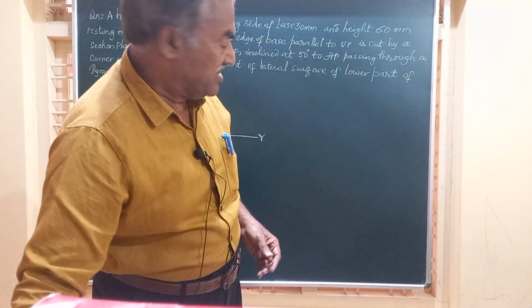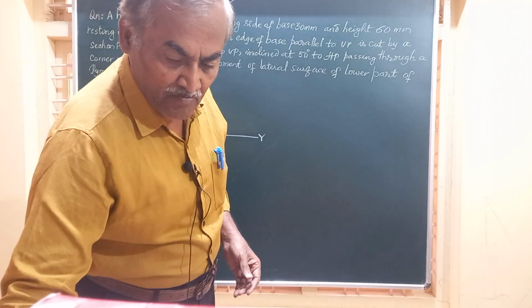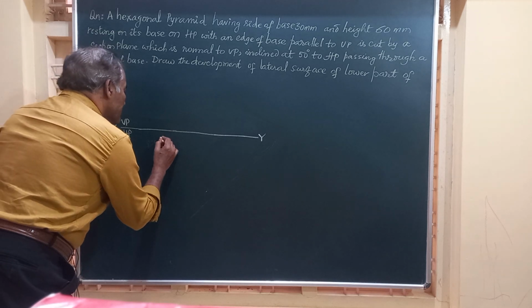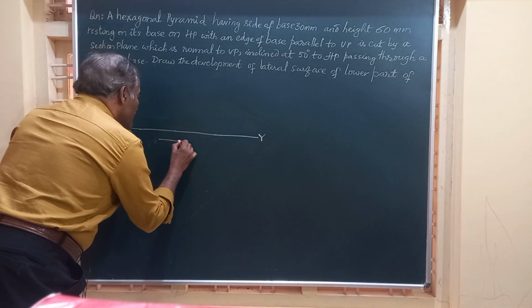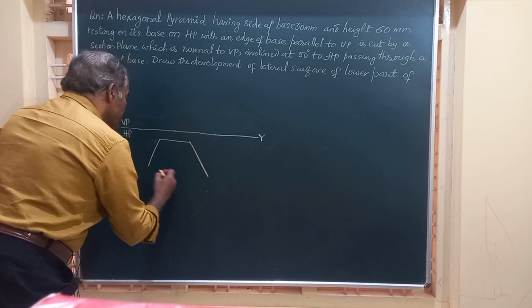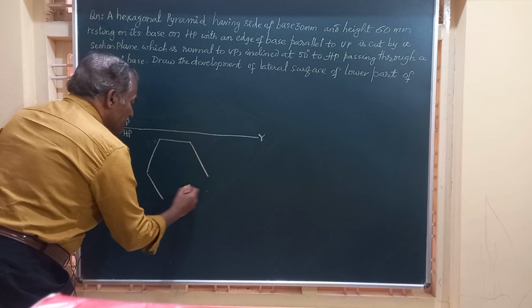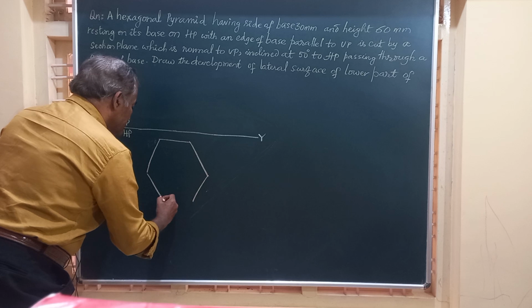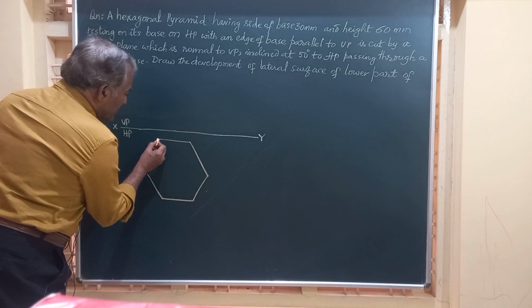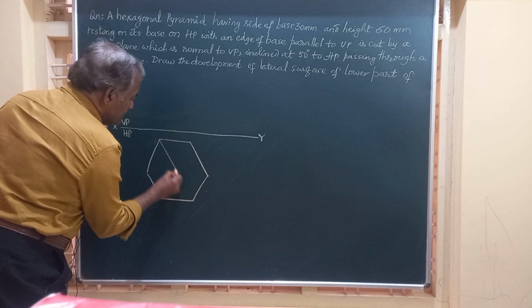So let us commence the problem by drawing the top and front views of the pyramid. Friends, the top view is going to be a hexagon, I told you. And this is a hexagon, and I am going to join all these corners.